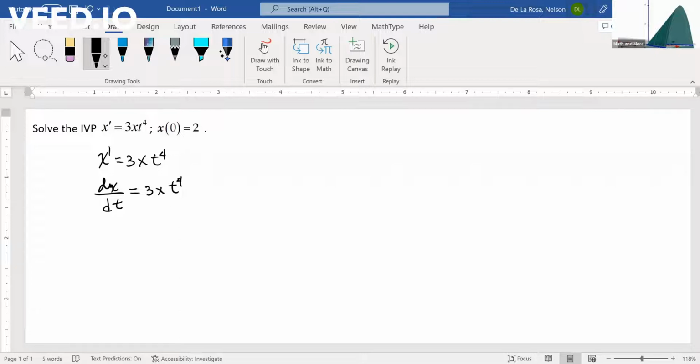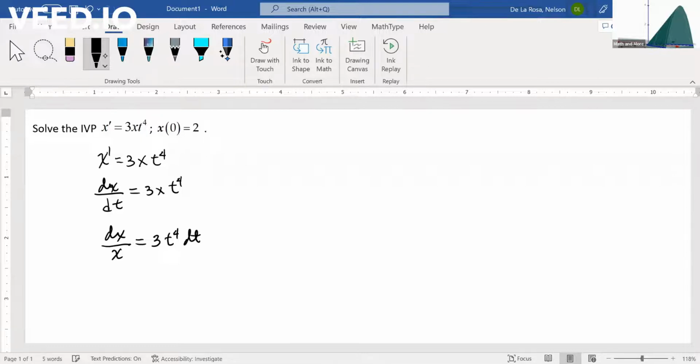So now we're going to separate variables, so we can rewrite the equation as dx over x equals 3 t to the 4 dt.